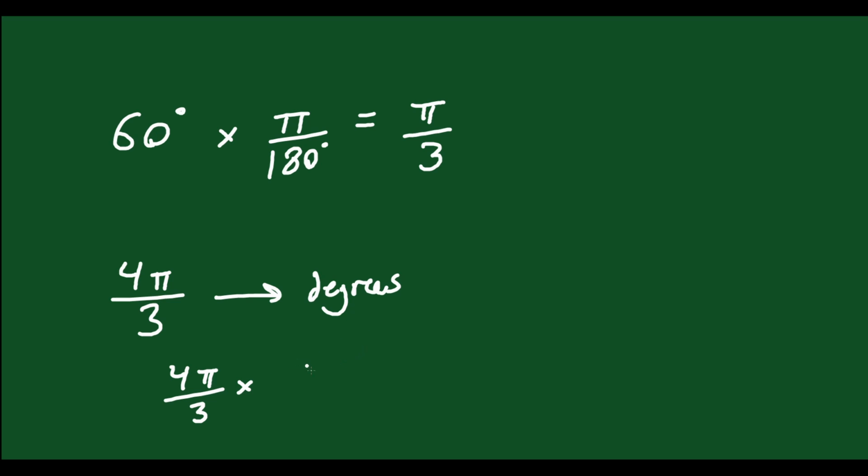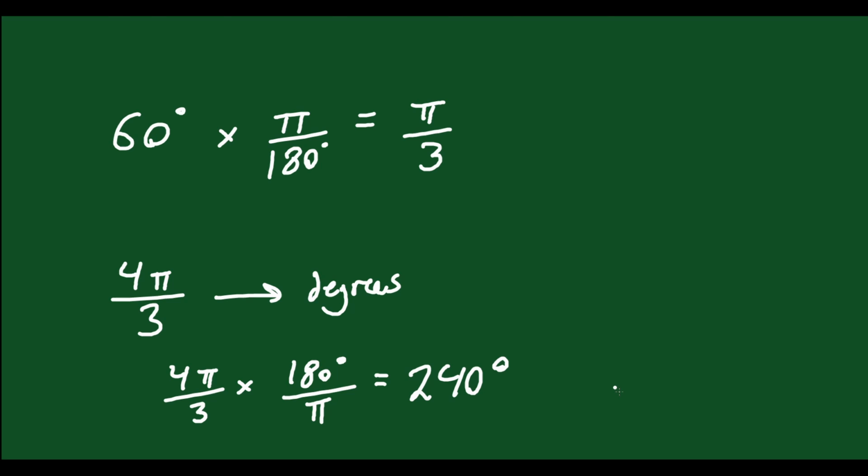So you would put 180 degrees on top so that you're left with degrees, and you would put your radians on the bottom so that the radians cancel, right? Even though radians don't really have units, this leaves you with your degree answer on the top. So you simplify this, 4 pi over 3 times 180 divided by pi, and you get 240 degrees. So really the pi's cancel, and then 4 over 3 times 180 gives you 240.